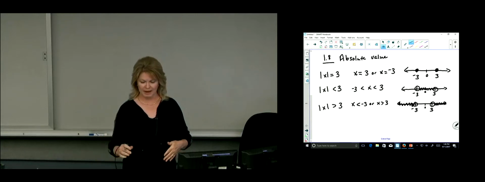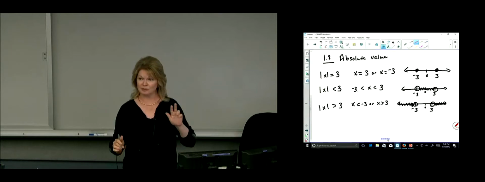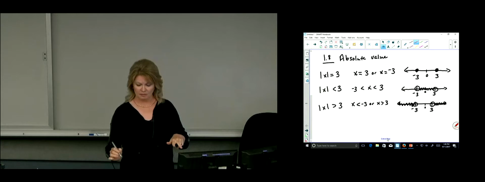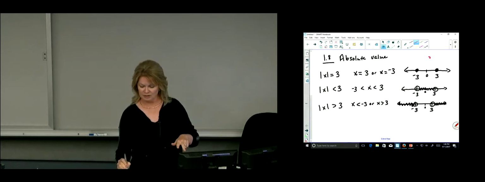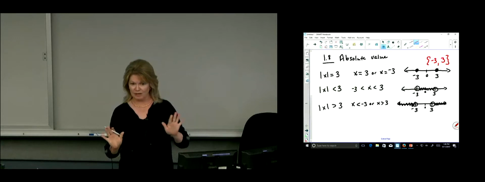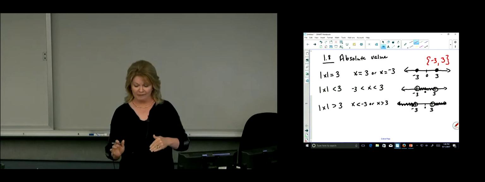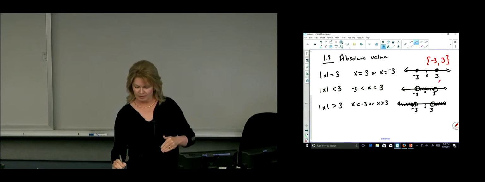So just to remind us about interval notation, there's no interval notation for the first one because it's not an interval. They're specific answers, right? So for the first one, you would just list the -3 and the 3. That's brackets there. That's set notation. That's not an interval. But for the next two, I would have an interval from -3 to 3.